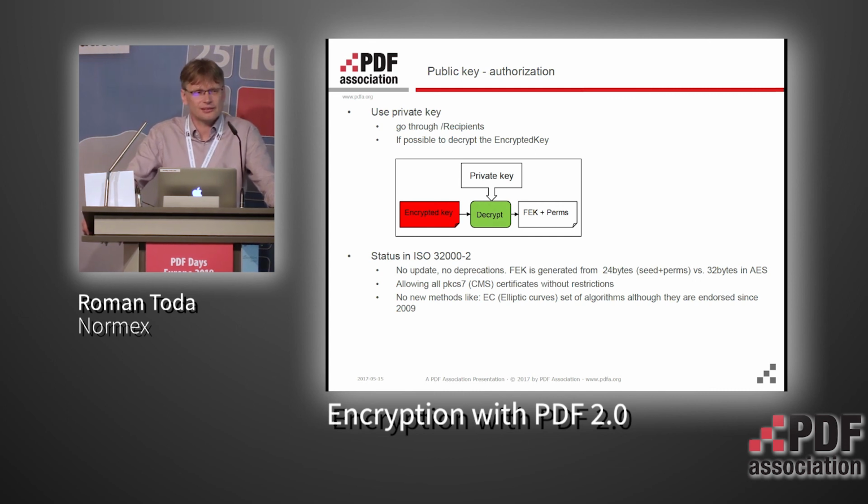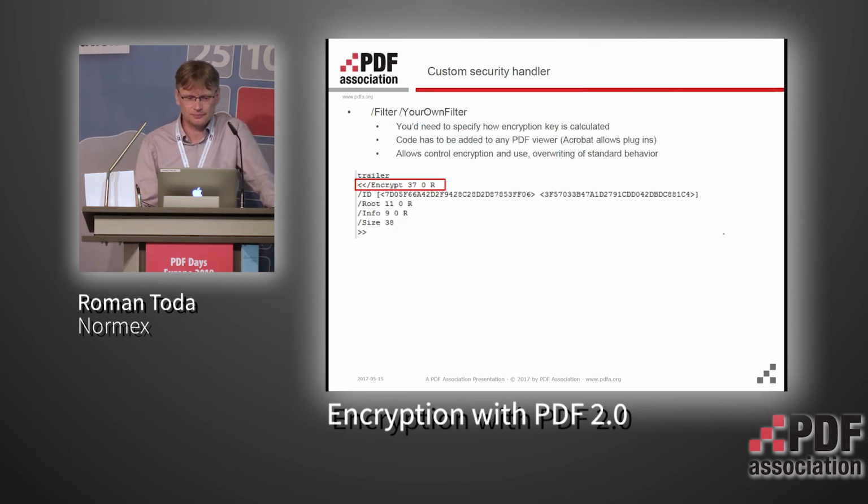There are no new methods introduced in PDF 2.0 like elliptic curves, although they are endorsed since 2009. Yes, you can trick the algorithm to use them if they are encapsulated in your certificate. That's the way, but we are not encouraging people to use it properly.